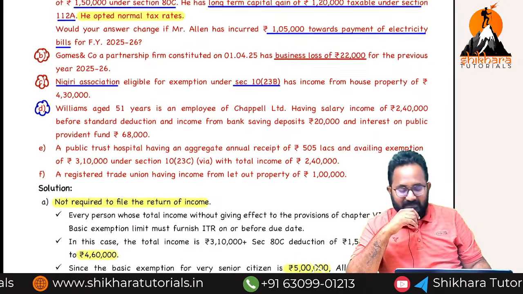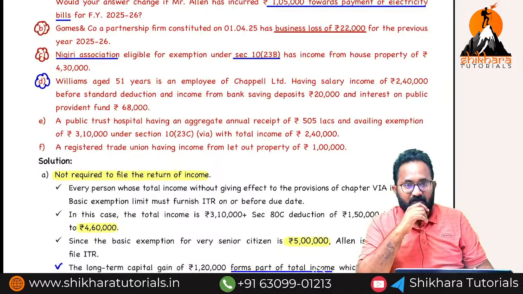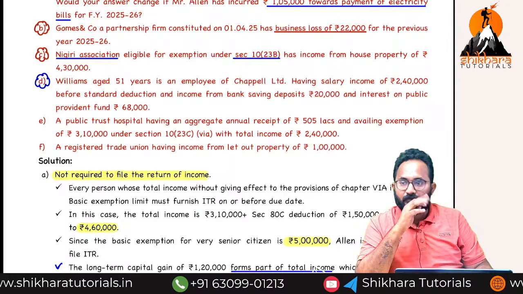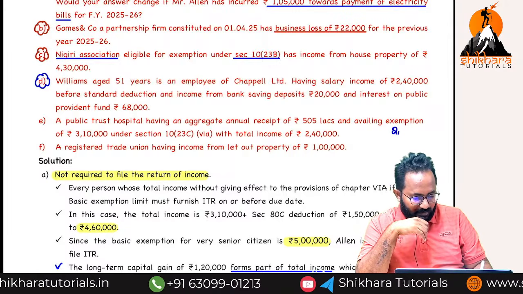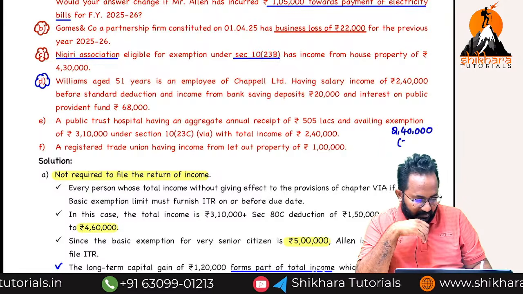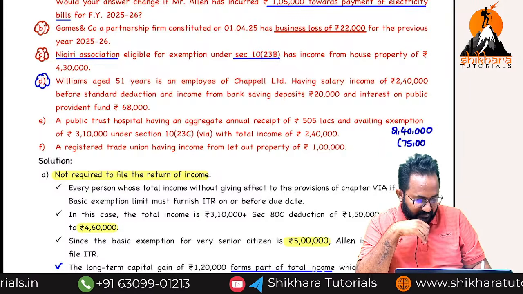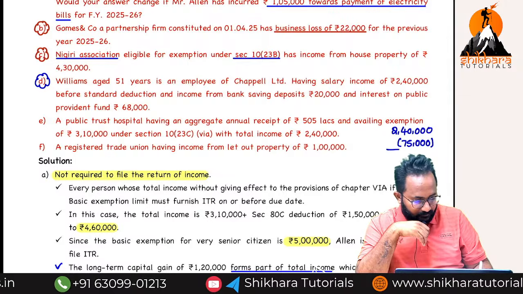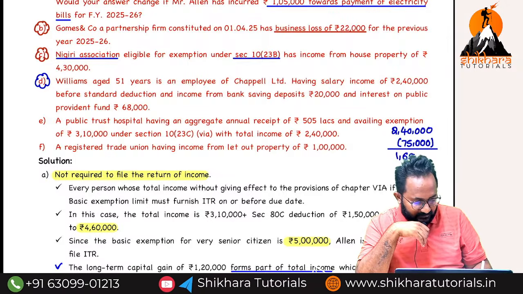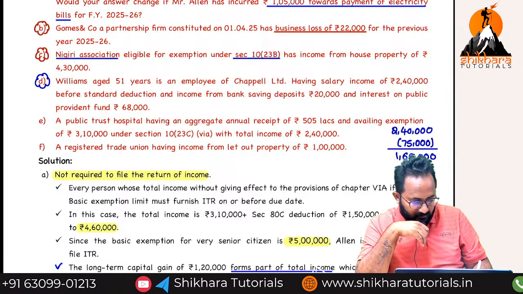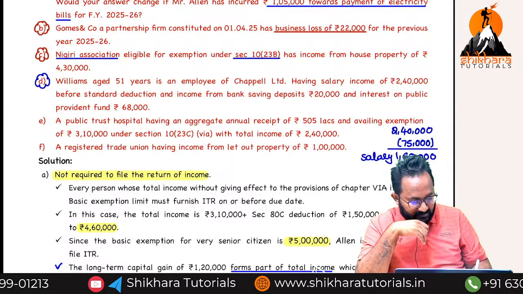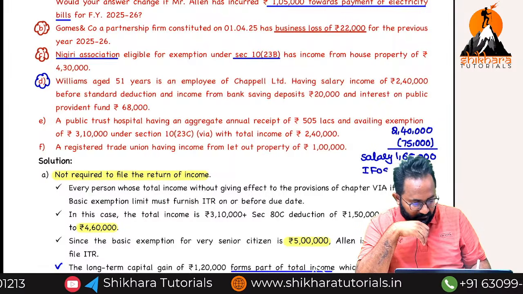Do you know what the standard deduction is in 115BAC? 75,000. In the normal regime, 50,000. Okay, 2,40,000 is the gross salary minus 75,000 standard deduction. How much? 1,65,000 is the salary income. Next, one more income is there under income from other sources.